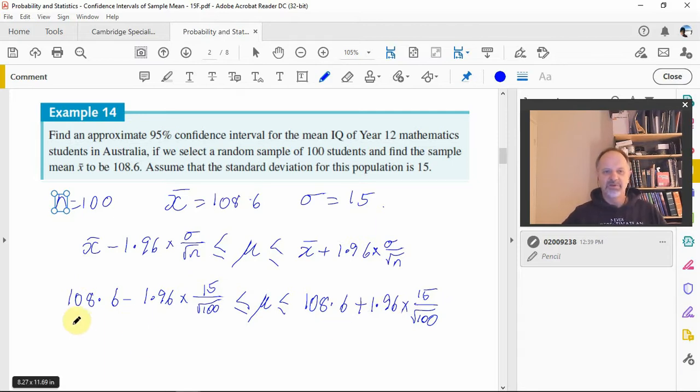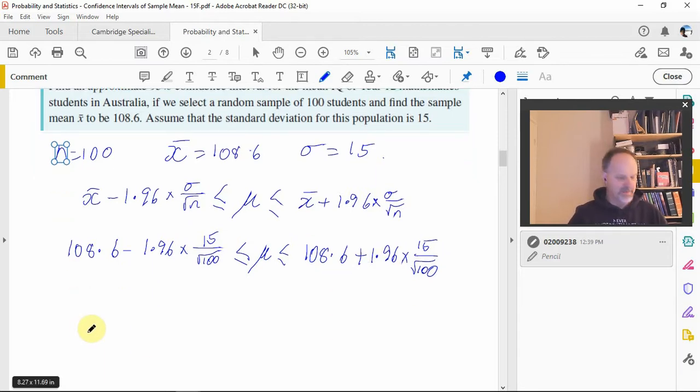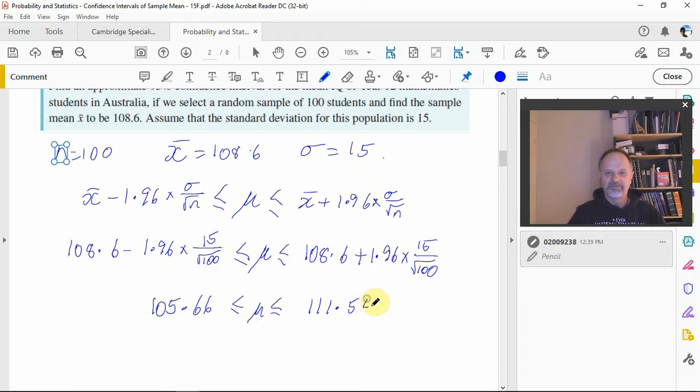And when we do, the one on the left there, the minus, comes out to 105.66 and 111.54. All right.